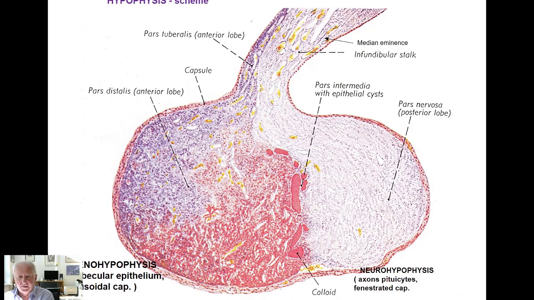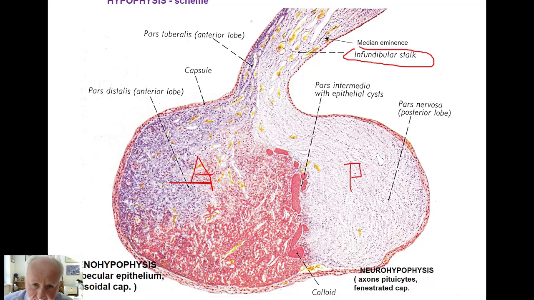So in a simple scheme that you see, this bigger part is the anterior lobe, the adenohypophysis, and this is the posterior lobe, the neurohypophysis. The infundibulum you see here. The anterior lobe has three basic parts.